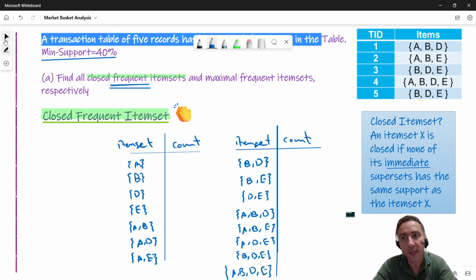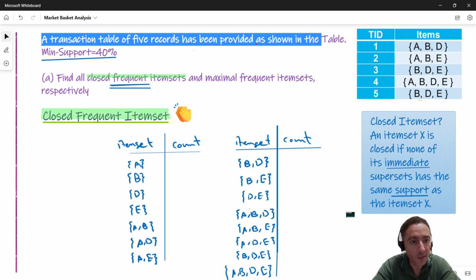Now we need to calculate the count, because you see support count is included here in the definition, so we need it. So let's look to A. A has appeared how many times? 3 times. B has appeared 5 times. D has appeared 4 times. E as well 4 times. A, B 1, 2, 3 times.